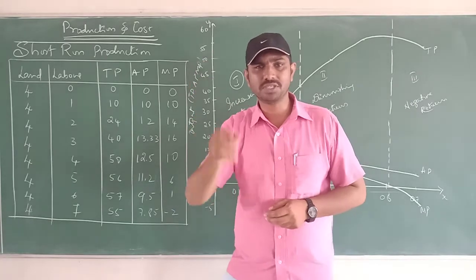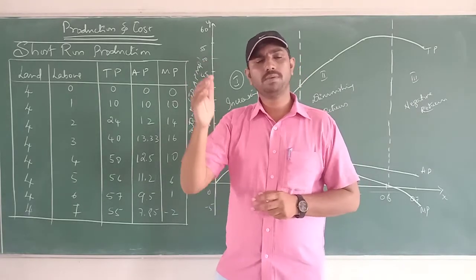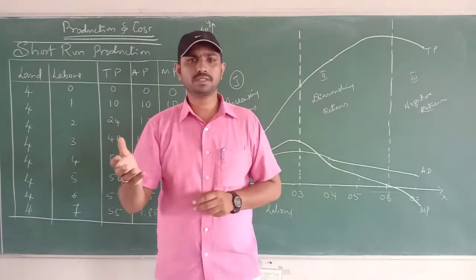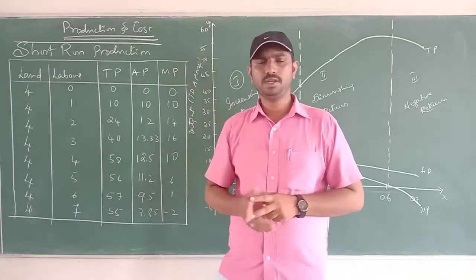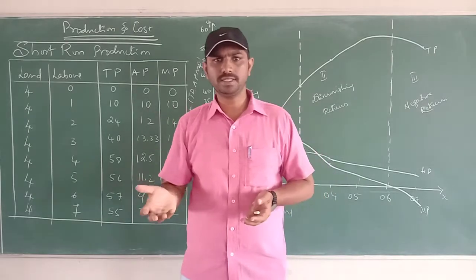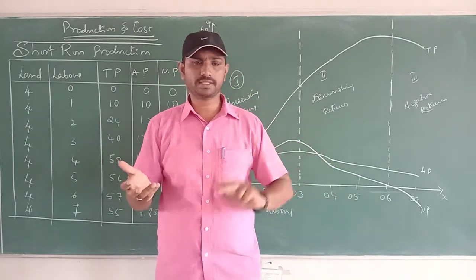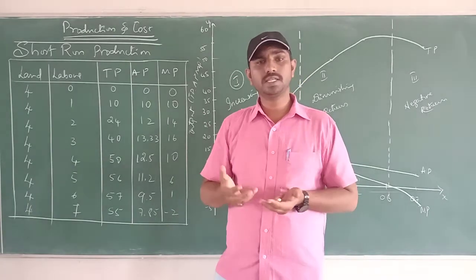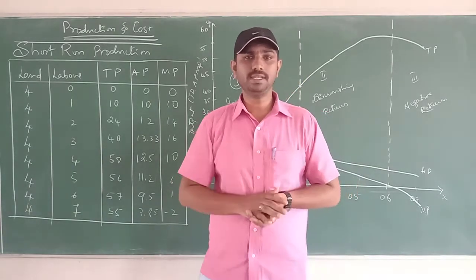That is called diminishing returns. Now coming to the third one, when the fixed factor becomes insufficient to work with the variable factors, when it becomes outdated or overburdened with the variable factors, it cannot give positive results. Then the results are known as negative returns.